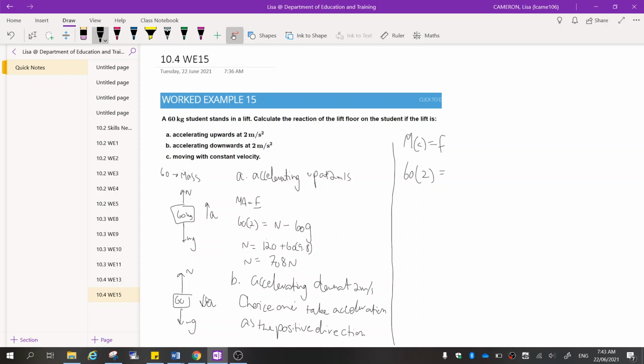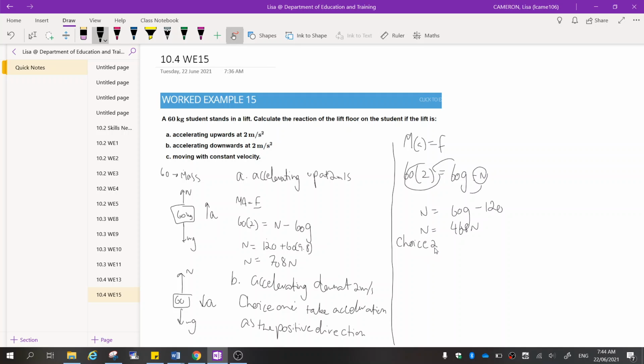Now we're taking the acceleration as the positive direction, which means that this one is now the positive one and that is the negative. So 60G minus N. Now I can start to rearrange and solve for this. So if I take this N over, it's going to become positive. And if I take this over, it'll become negative. Okay, and that's going to give me an answer of 468 newtons.